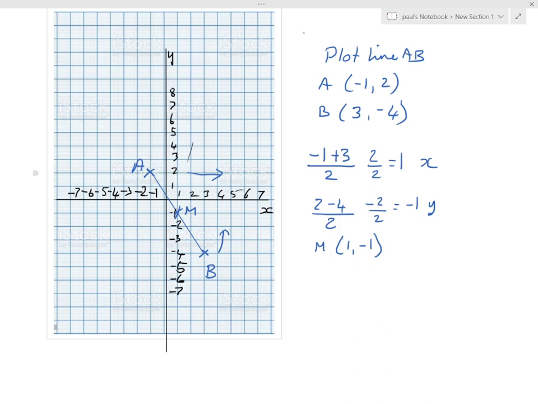Now, we don't always get a graph to do this, so we can use this method when we don't have any graph to draw on. So let's have a look at this. Let's find the midpoints of these particular things. So we've got 2, 2, and 2, minus 2.